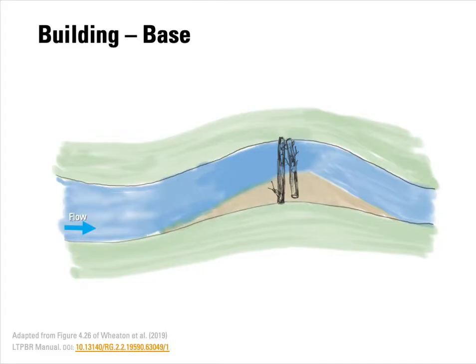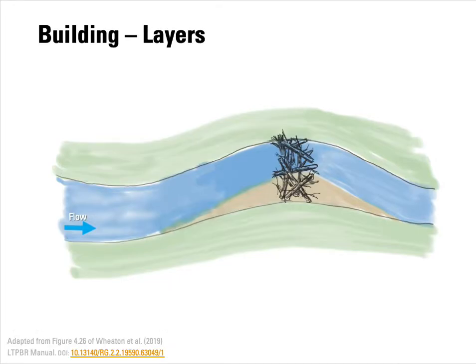All right, I'm going to show a series here of slides on building a channel spanning PAL, which happens to be one of my favorite PALs. The first thing you're going to do is lay some of the key pieces of wood that you have and get the general structure and shape, again trying to get some good contact with the stream bed by having branches trimmed off the bottom.